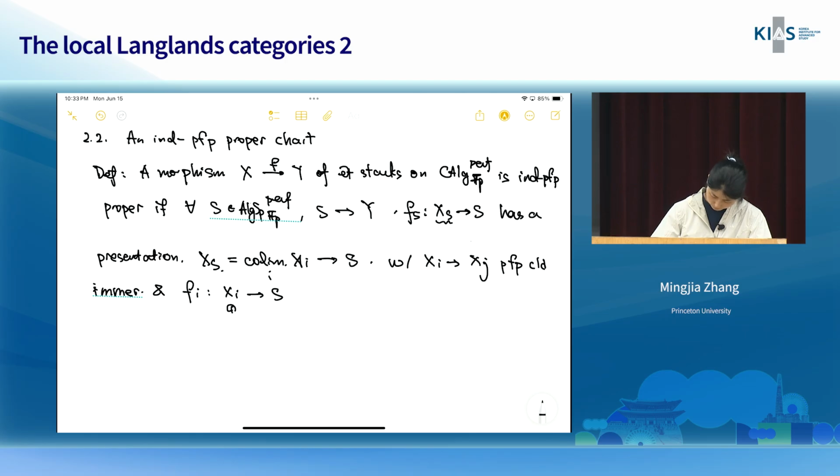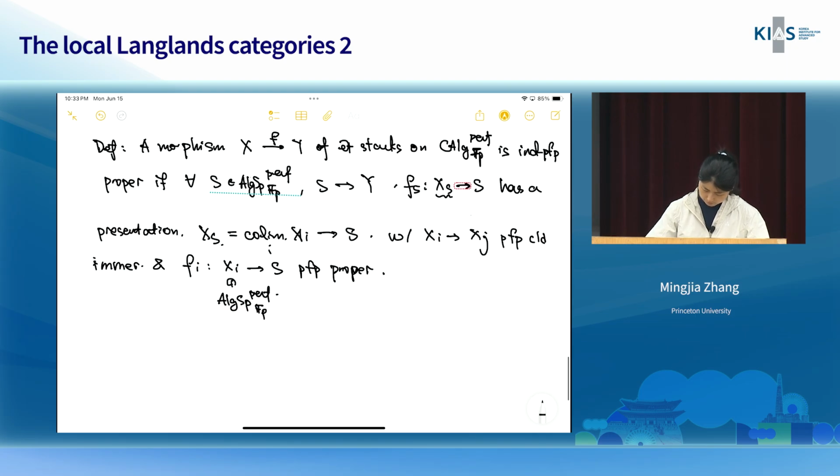So these are algebraic spaces. And this property can be checked τ-locally on the target.